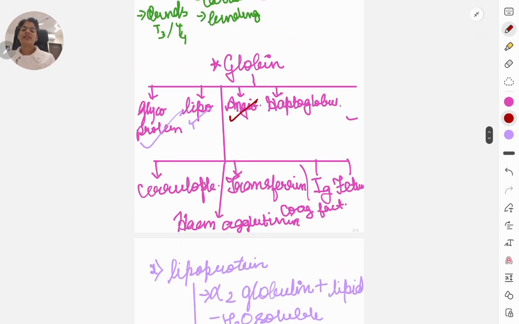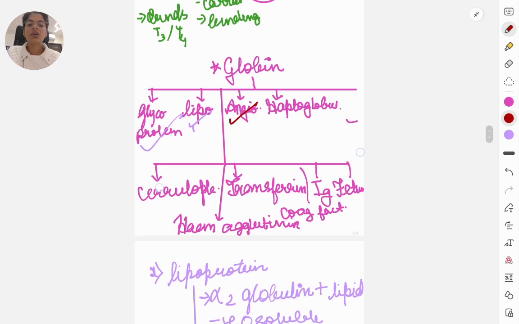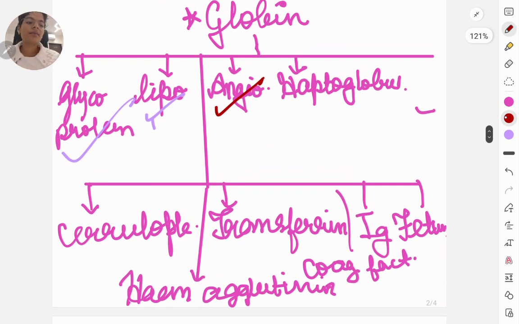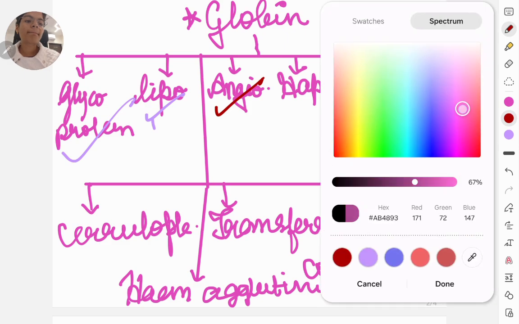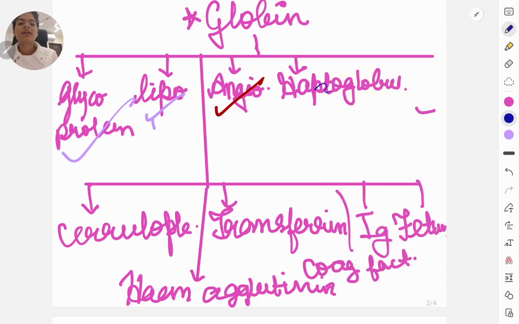Angiotensinogen, out of these globulins, I remember it by a technique. Always think of 'a' as when we have some bad news, right?